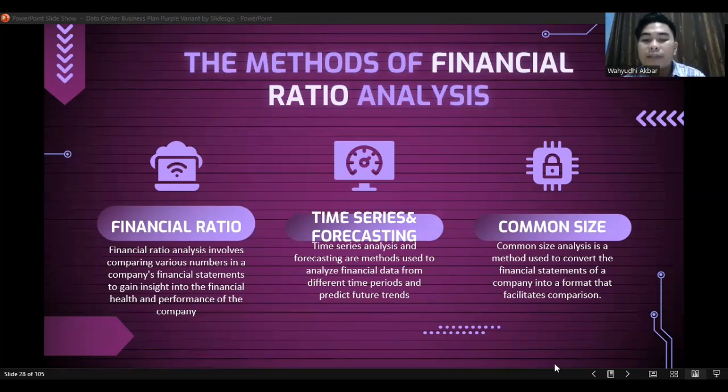The last one we have common size analysis. Common size analysis is a method used to convert the financial statements of a company into a format that facilitates comparison. In common size analysis, each item in the financial statement is expressed as a percentage of total assets or revenue.